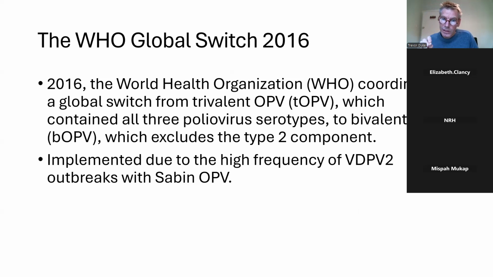It was causing a very, very small number of paralysis. But since we no longer had wild type polio type 2 in the world, it didn't make sense to keep going with that vaccine. So the OPV was switched from TOPV to BOPV, right? So just covering poliovirus 1 and 3.